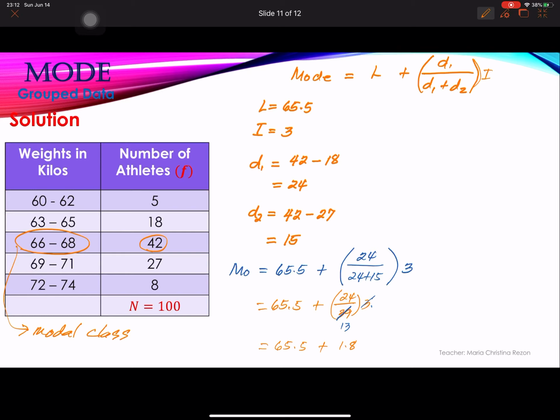So your answer will be mode, therefore MO is equal to 67.3. And that is within our modal class 66 to 68. So this is now your answer. The mode is 67.3.